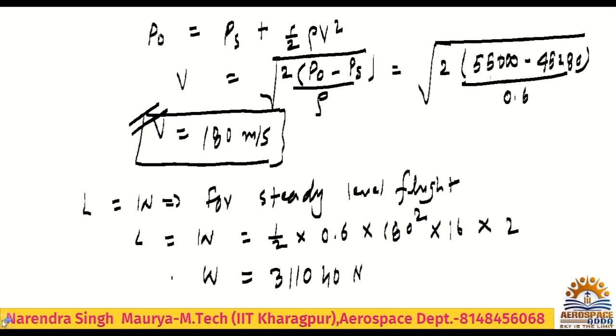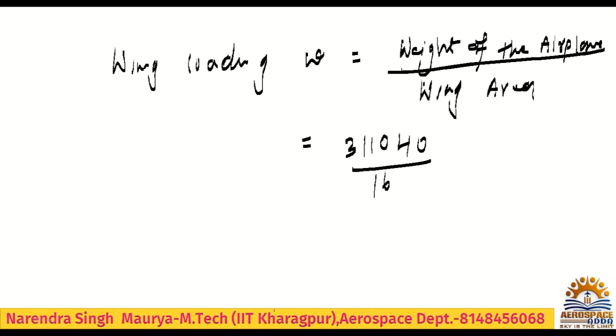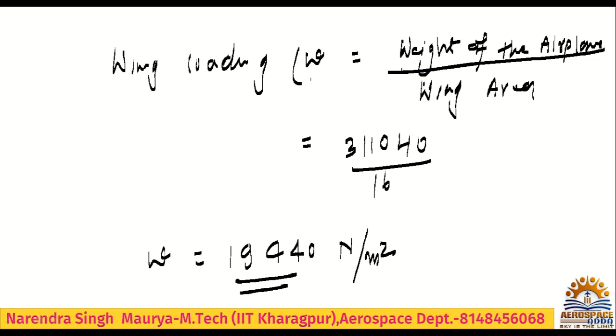Area it is 16. If you do the calculation, wing loading will be 311040 divided by 16. Okay, 19440 Newton per meter square.